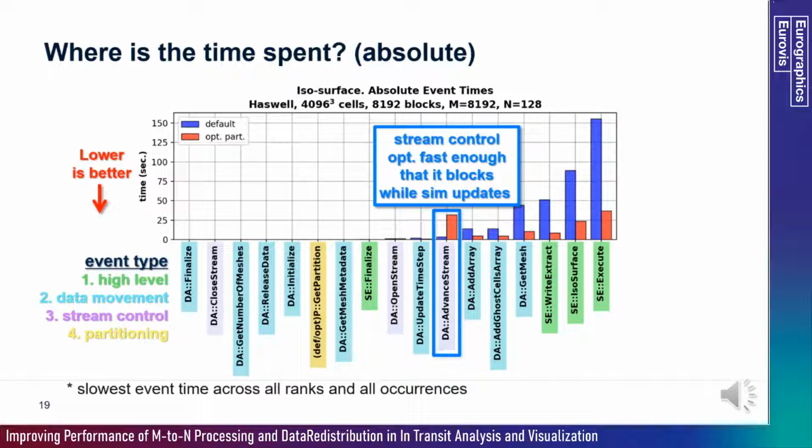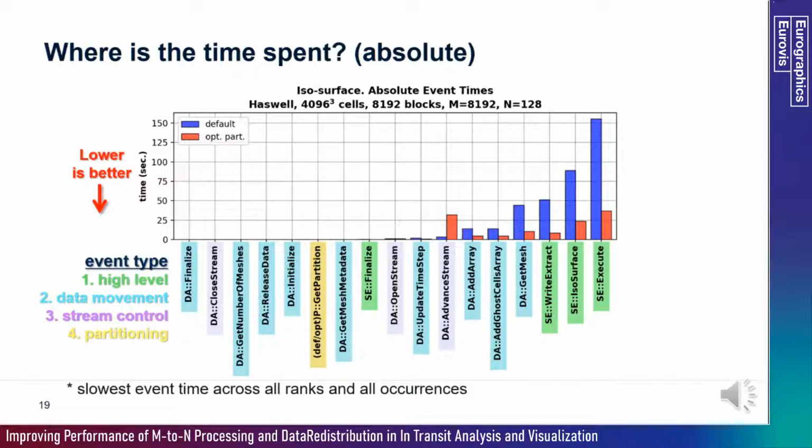Here what was going on was that when we used the optimized partitioner, the extract was running so fast that the call here blocked and we had to wait. Whereas with the default partitioner, the extract was much slower than the simulation and hence didn't block. When it got to this call, data was ready. So this actually indicates a benefit with the optimized partitioner.